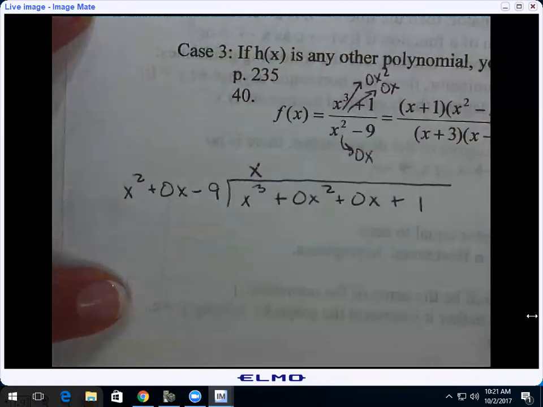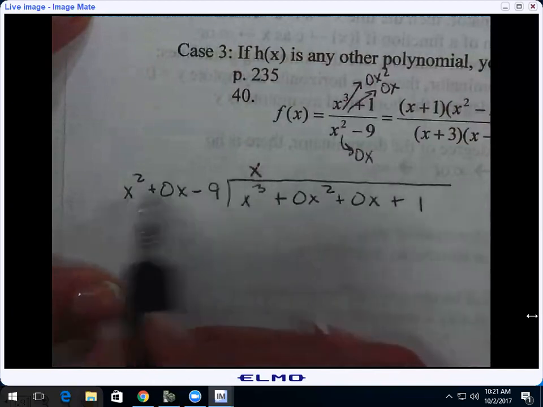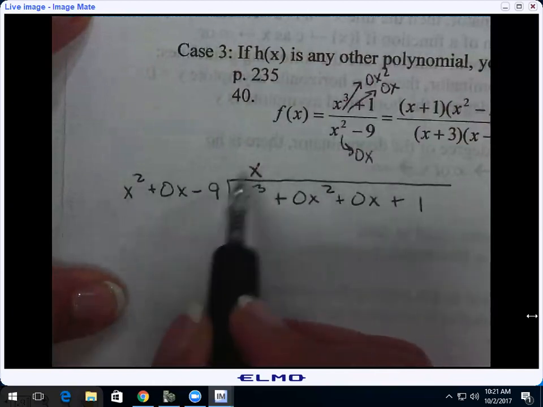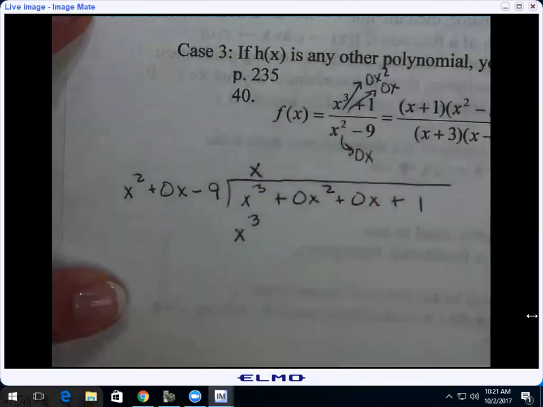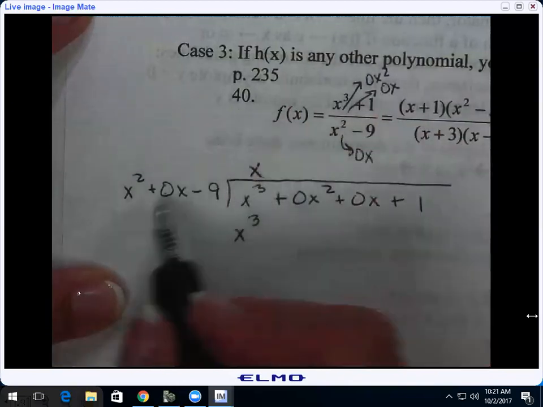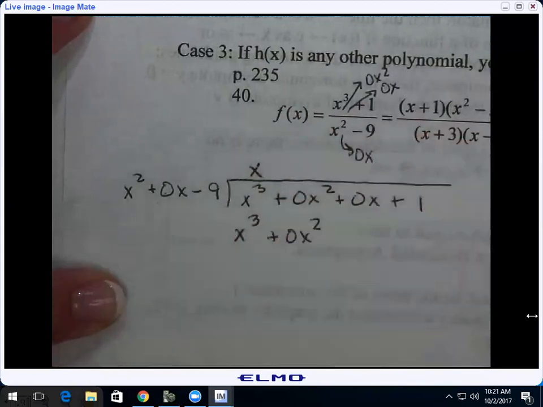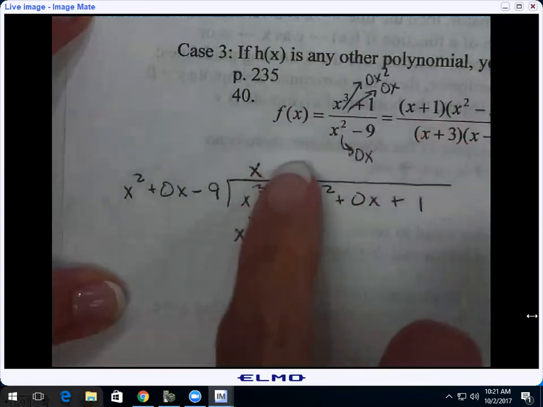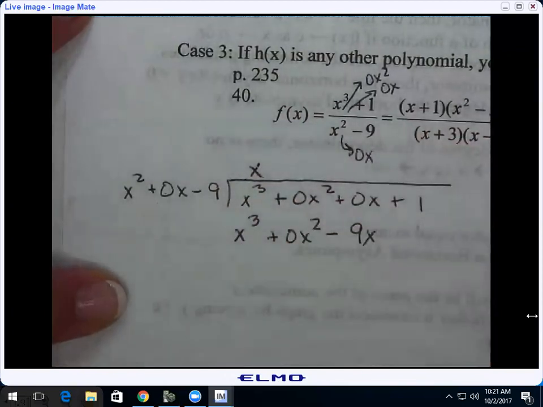The next step in long division, after you've divided, you multiply this x times each one of those 3 terms. X times x squared is x cubed. X times 0x is 0x squared. And x times negative 9 is negative 9x.